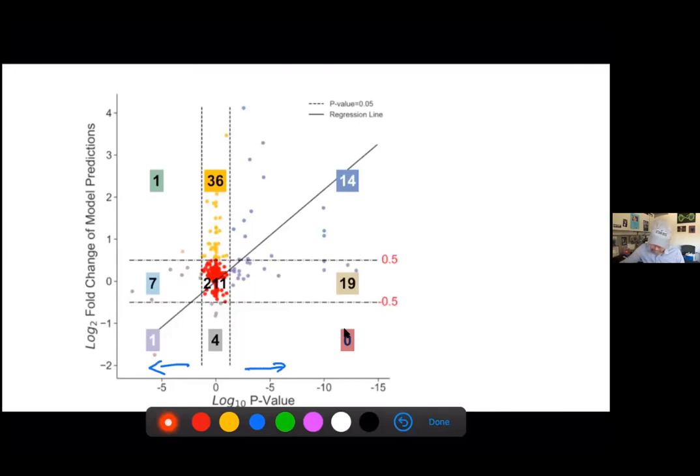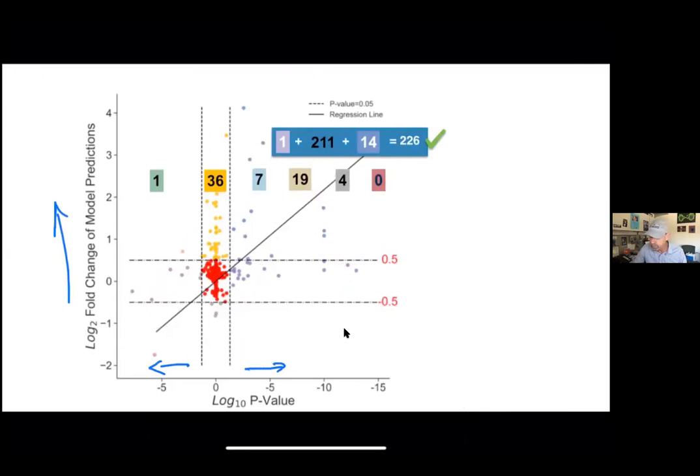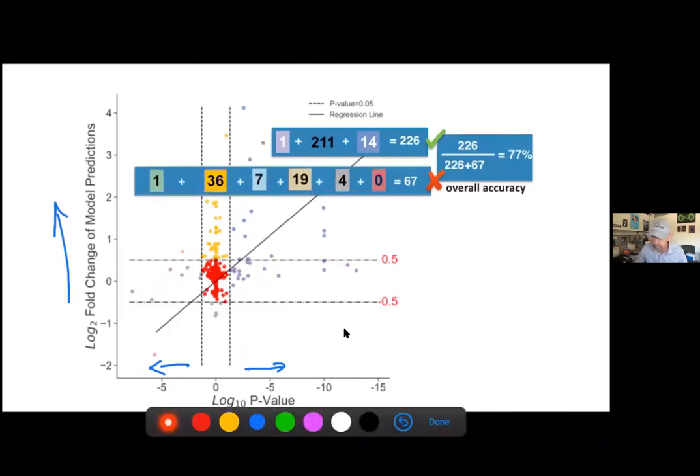And this is the fold change predicted by the model. And you can see, if you compare these different counts of genes in the different categories, the model overall is about 77% accurate. So it correctly predicted that the genes went up, down, or stayed the same 77% of the time. And 23% of the time it didn't.